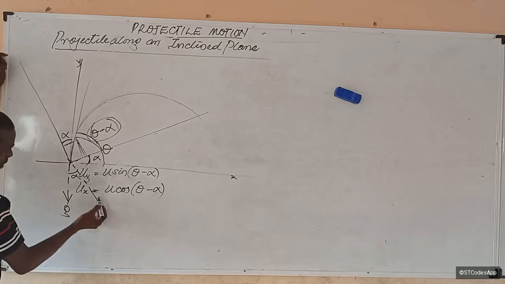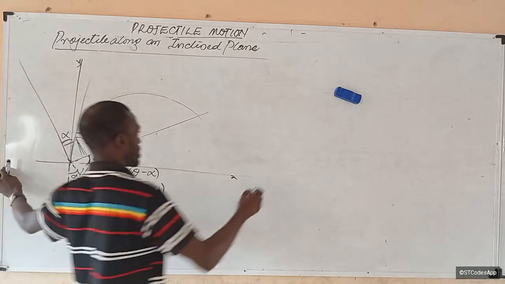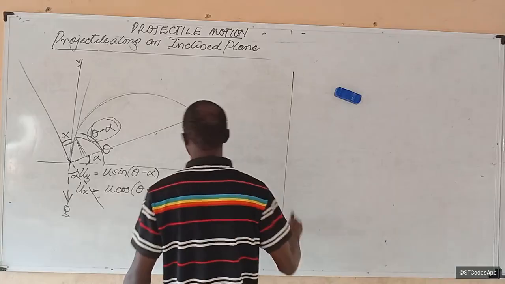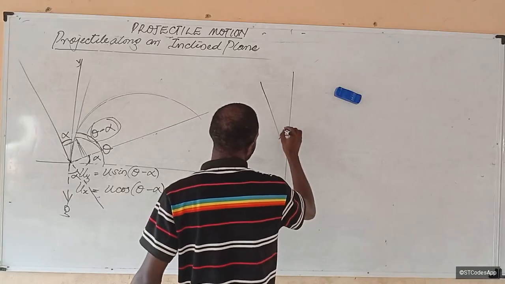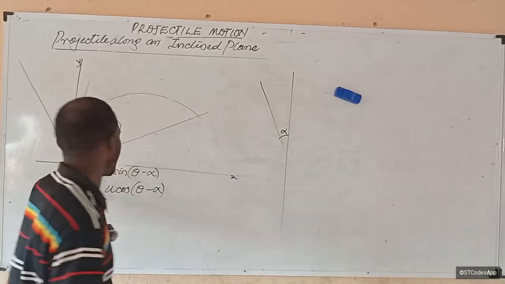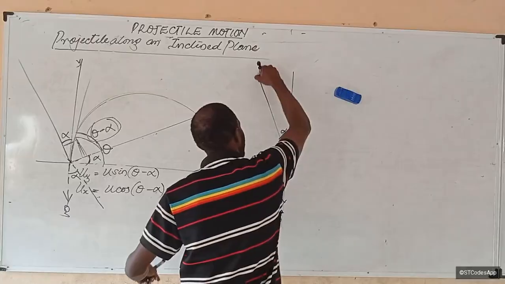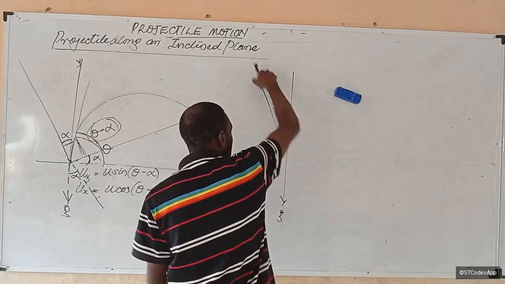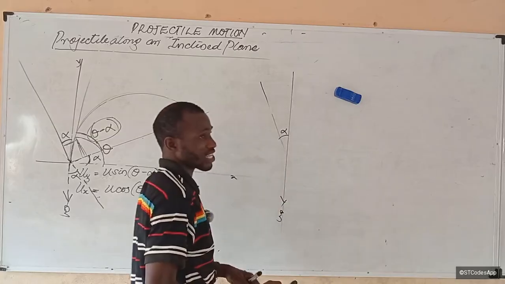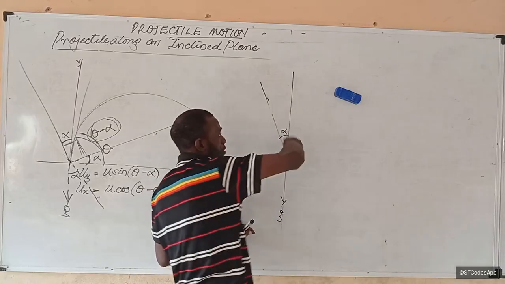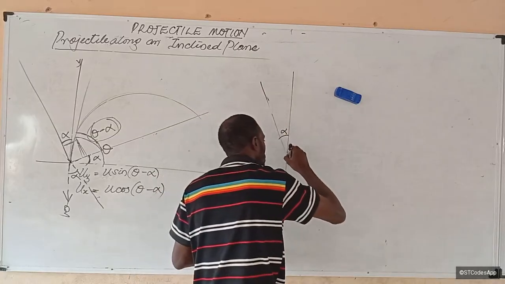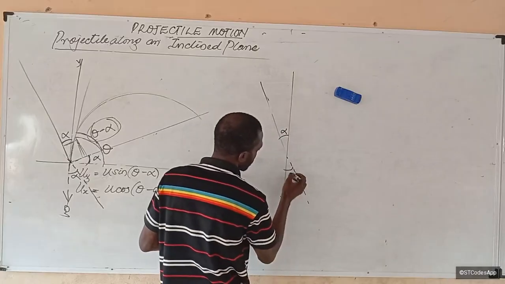Okay? So let me redraw this component here. These are y-axis. This is alpha here. Our G is acting straight down. We want to take G with respect to the plane now. So this will also be alpha.